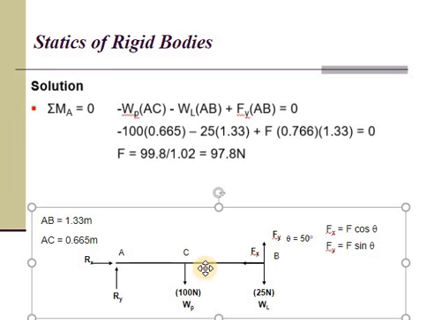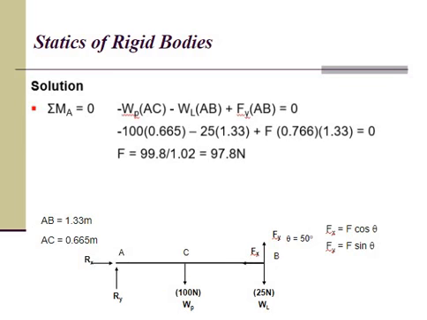The distance is AC. We will consider that since this force is going downward clockwise, we'll give it a negative sign. And the anti-clockwise, we will consider as positive. You can set it oppositely if you want. It doesn't matter because you will get the same answer but with a different sign.